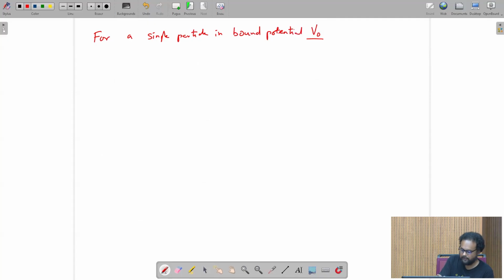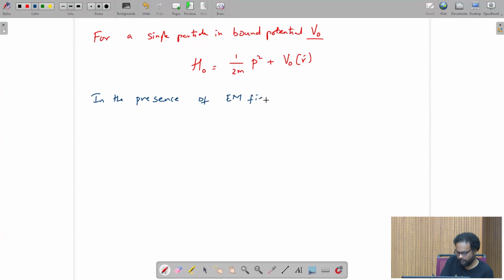In the absence of the field, my H naught will be p square over 2m plus V naught of r. In the presence of the field, now let's turn on the field, you need to add the other term. So if you add the other term, your total Hamiltonian will become H naught minus Q over 2m. It's an intermediate step here which I'm skipping. My notes will have it.